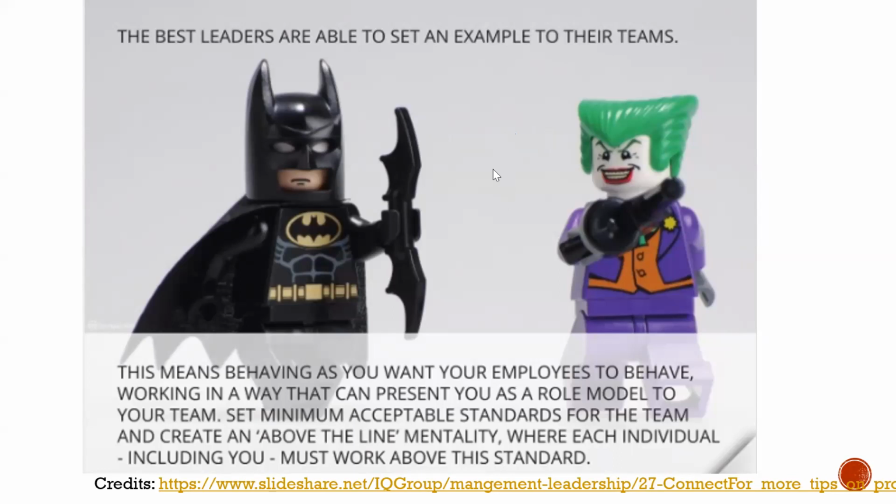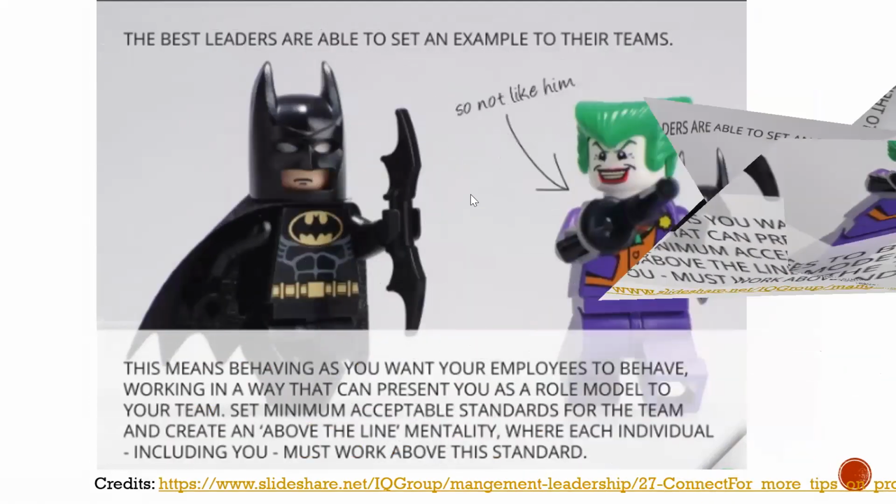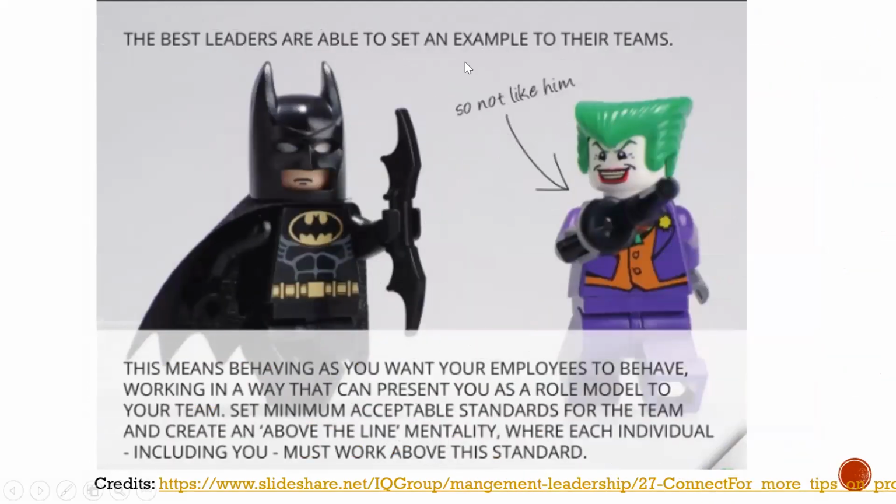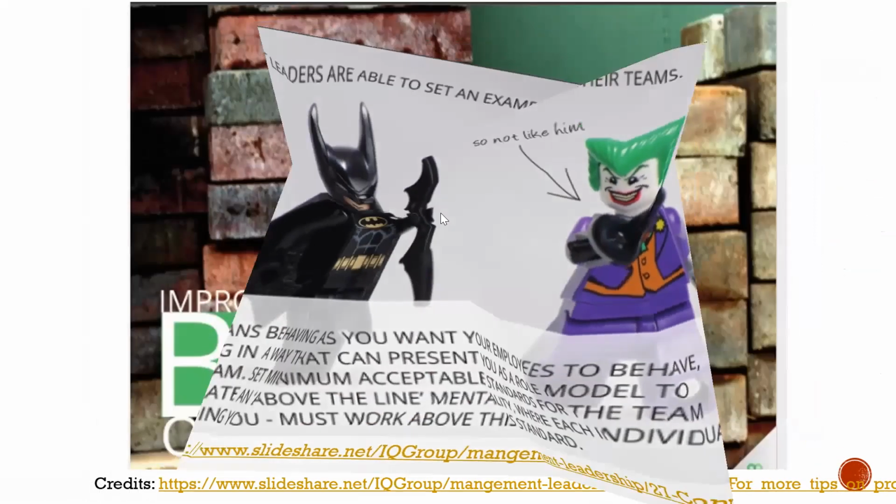And that is what leaders are. So the best leaders are able to set an example to their teams, not like the Joker. So the Joker is obviously the opposite of Batman, right? So this means behaving like how the heroes or role models will behave.